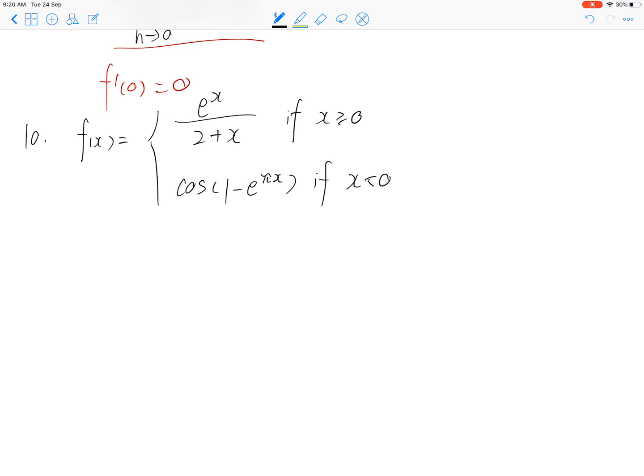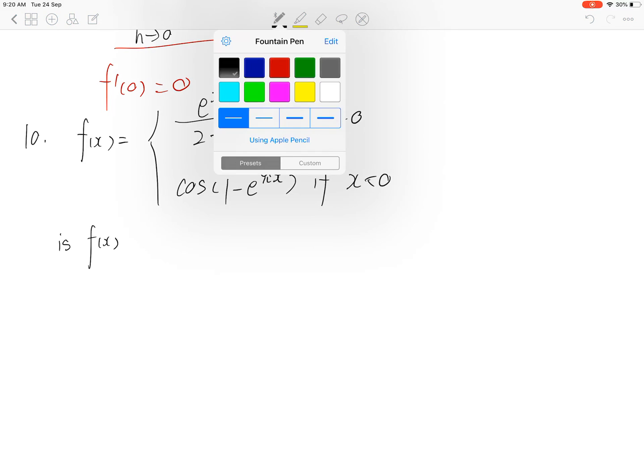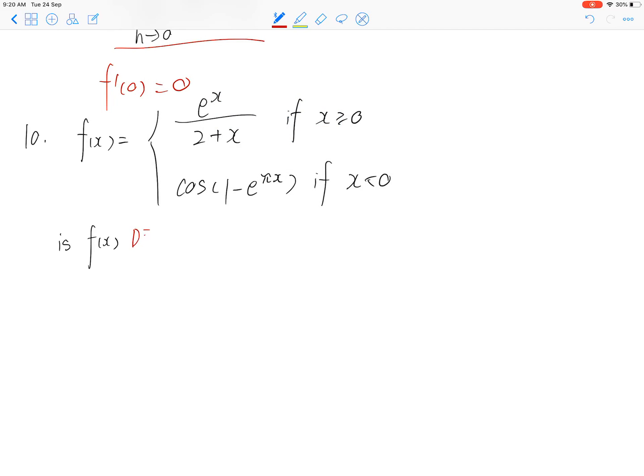Okay, so is f(x) differentiable? For differentiable, I just use df, right? Differentiable at point 0.